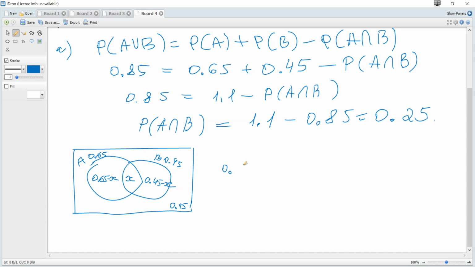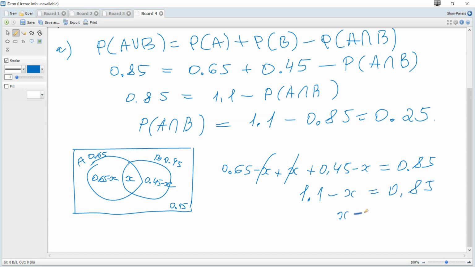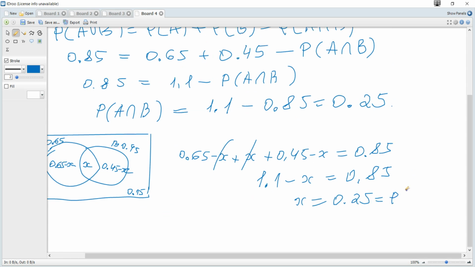So it becomes 0.65 minus X plus 0.45 minus X is 0.85. And you can see that it becomes 1.1 minus X is 0.85. So X is 0.25, which is probability of A and B as required.